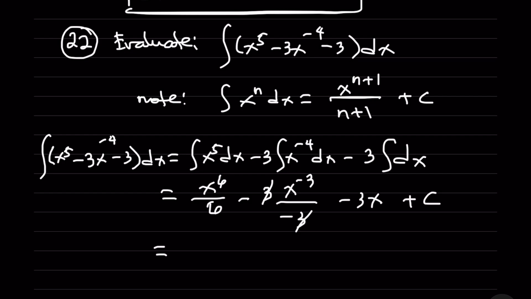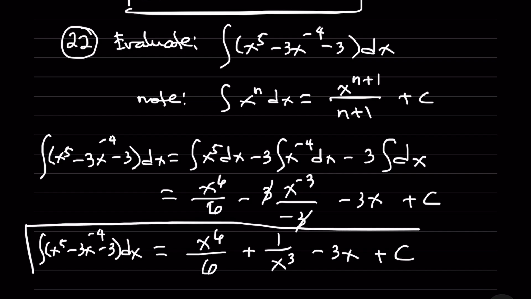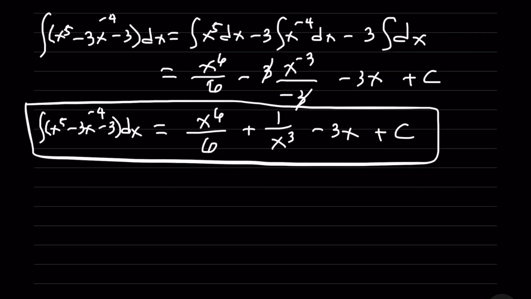You take note that we have here a plus c term because this is an indefinite integral. So the final answer is written here, and we enclose that in parentheses.